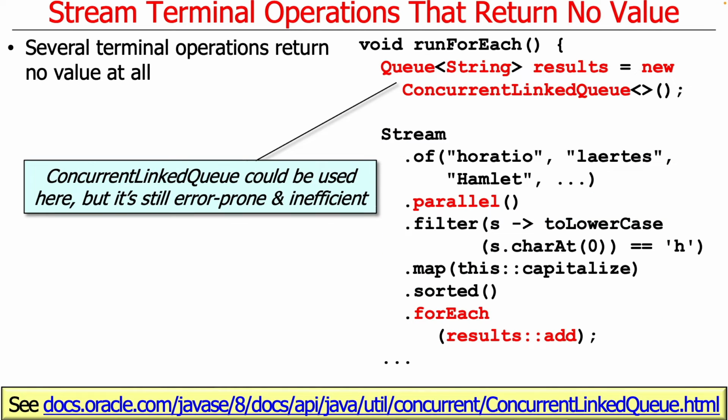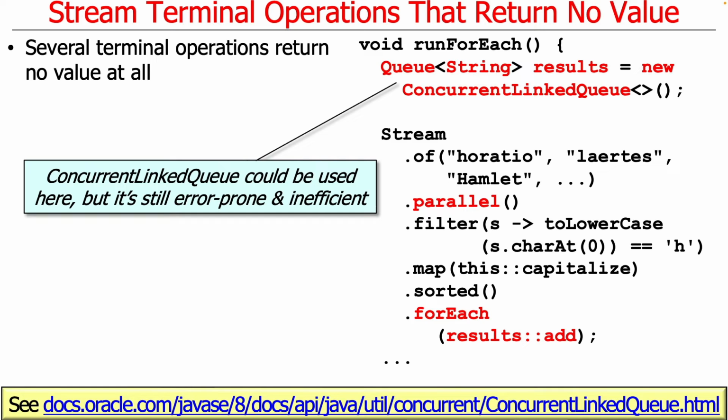Now, one way you could solve that particular problem here, if you were masochistic and wanted to hurt yourself, is to make this results local variable a concurrent collection that would be able to be added to by multiple threads at the same time.